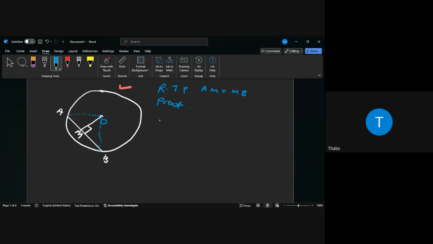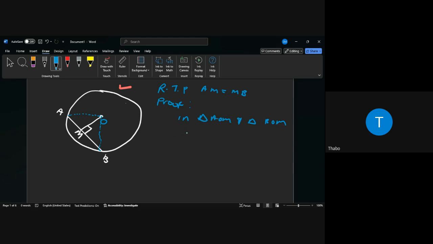Then, since you have to prove by using congruency, what do you write first? The triangles that we'll be working on. So you start by saying in triangle AOM and triangle BOM.